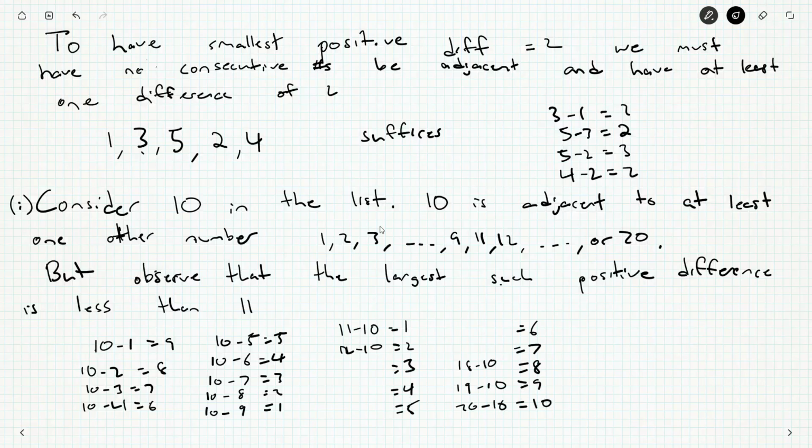So we'll just finish this list off here, and then we'll go back to our conclusion. So the point is, no matter where 10 is, it's got to be next to one of these numbers at least, but that would mean that we get a positive difference less than 11.